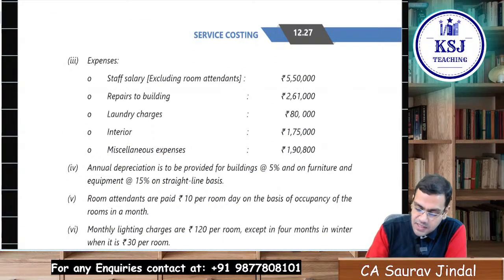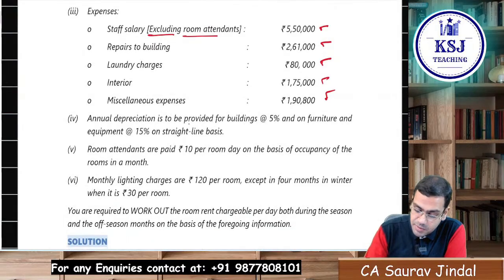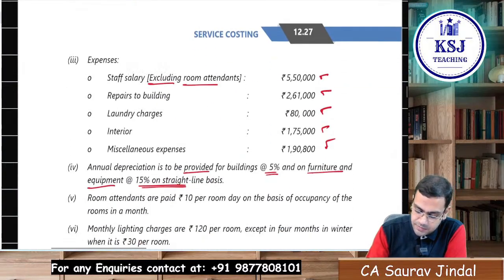Expenses: staff salary excluding the room attendant, 5,50,000, repairs, laundry charges, interior and miscellaneous expenses. Annual depreciation is to be provided for building at 5% and on furniture and equipment at 15% on the straight line basis.